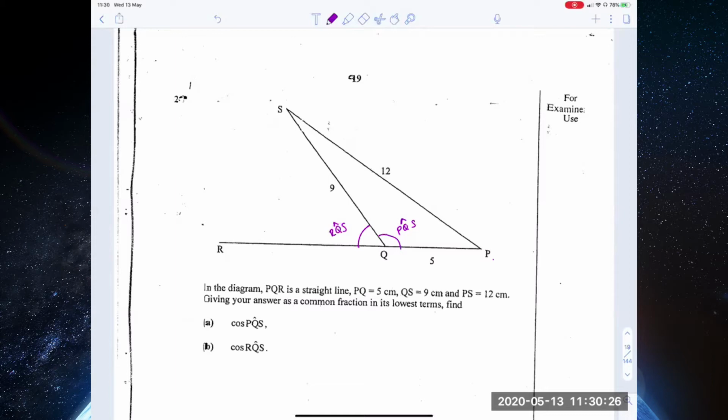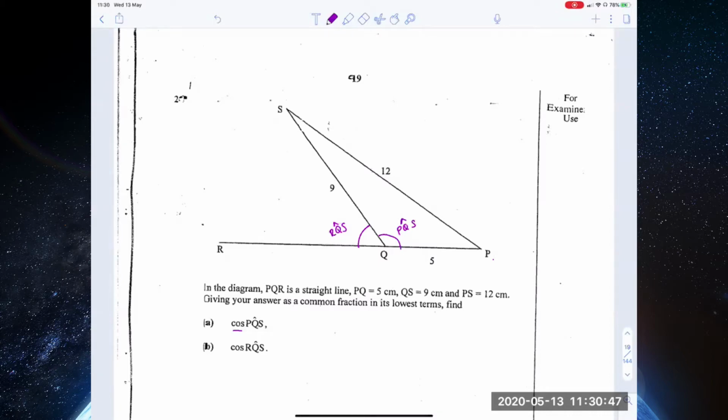No? Why do you think you've been given cos PQS? Why do you think you've been given cos? Because that's a clue. That's how you're going to work it out. To find the theta, which is angle of Q, isn't it?